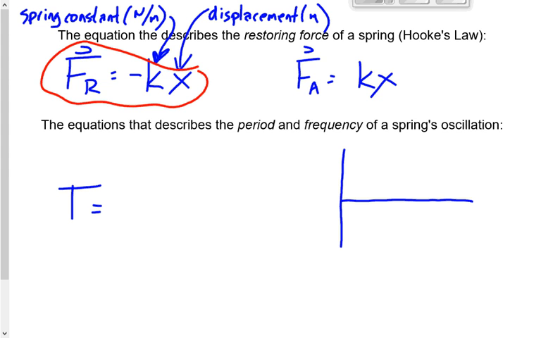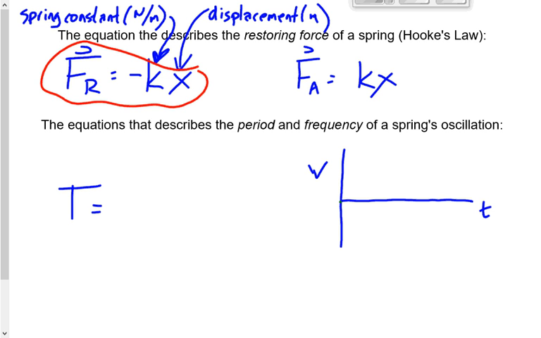You don't need to copy this part down. Say I was to plot a graph of speed versus time of the spring oscillating back and forth, right? The spring's going back and forth, back and forth. When it's stretched all the way, the spring has a speed of 0.